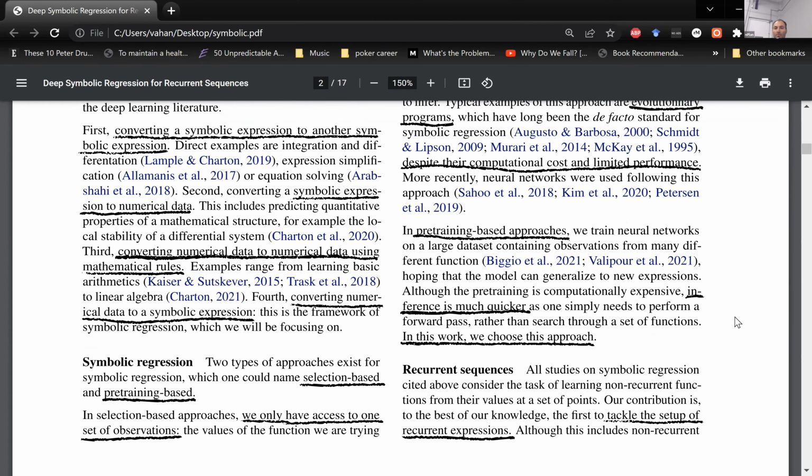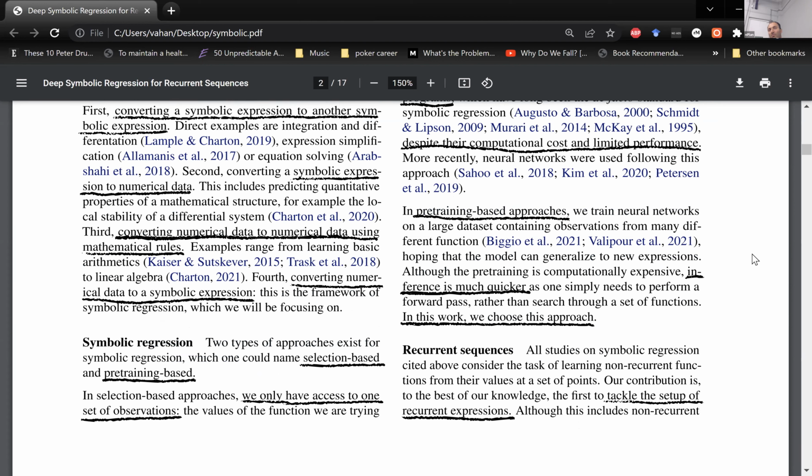And this is a pre-training based approach, which means we train on a huge number of data points, in this case, generated data points based on simulations. And then we test on a similar data set, which is the usual setting for pre-training, right? If you pre-train a language model on Wikipedia, then when you use it, it's pretty much the same text.